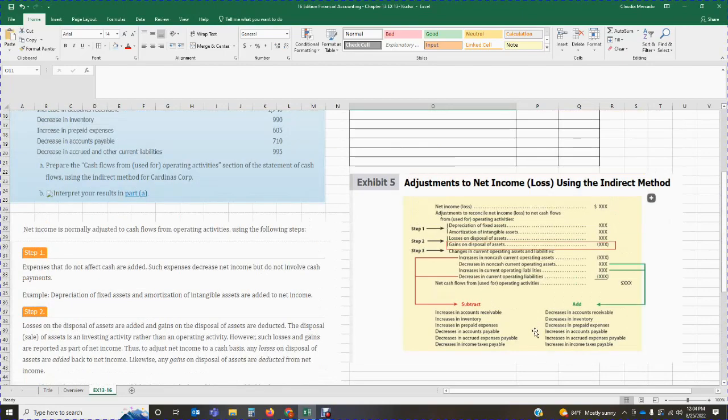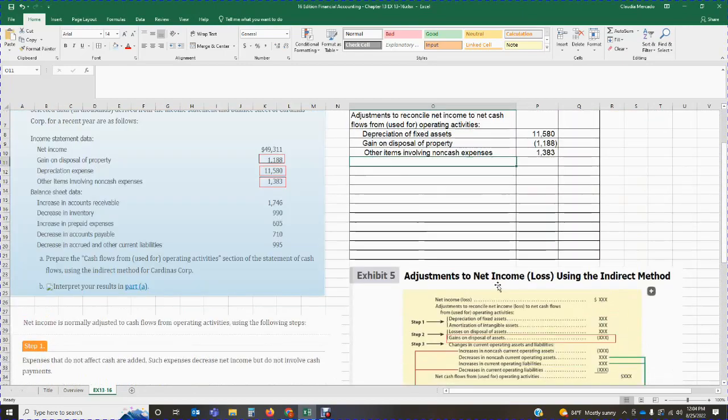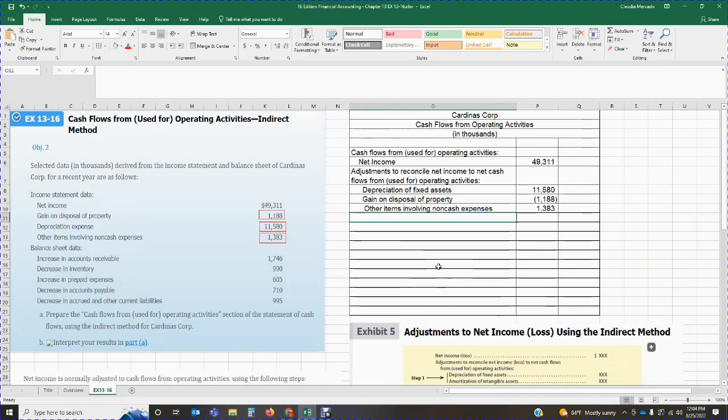So we're going to look at the step number 3 section. Changes in current operating assets and liabilities. So let's look at the list.